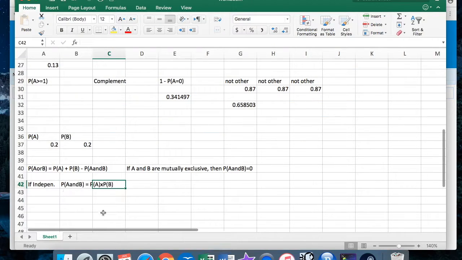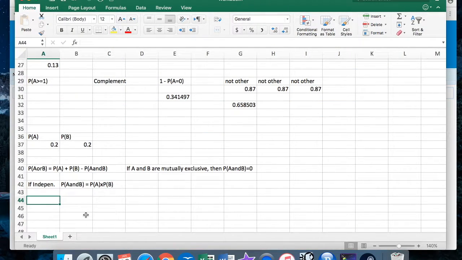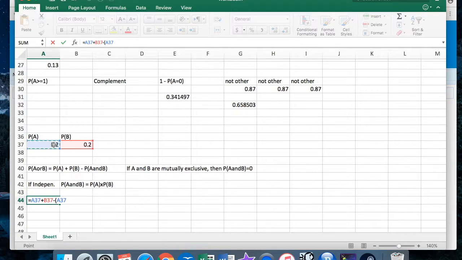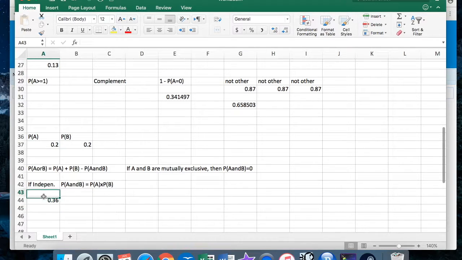So you do this plus this minus this times this, and you end up with 0.36, right? So all I did was the formula: probability of A plus probability of B minus probability of their intersection, which if they are independent, is just simply multiplication.